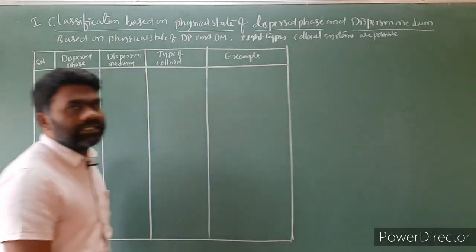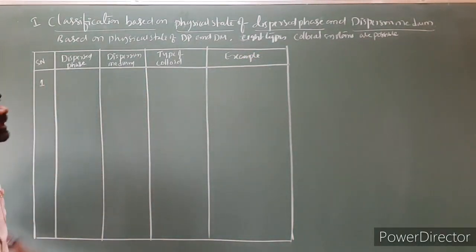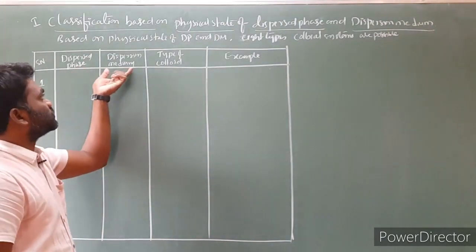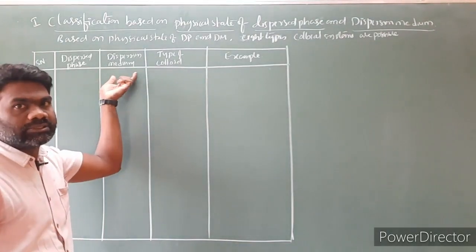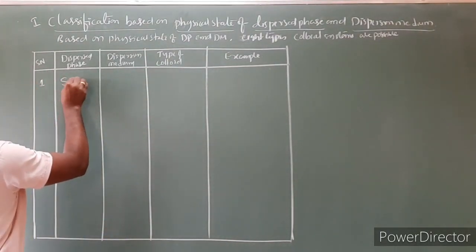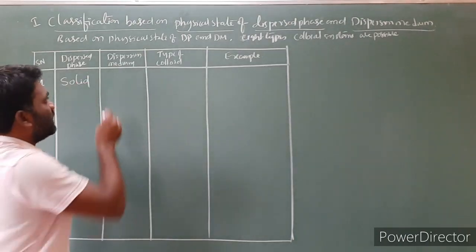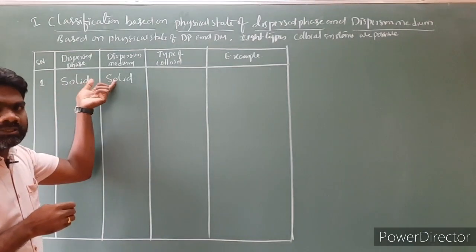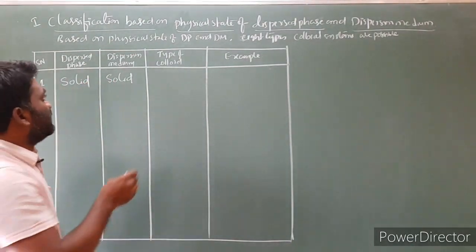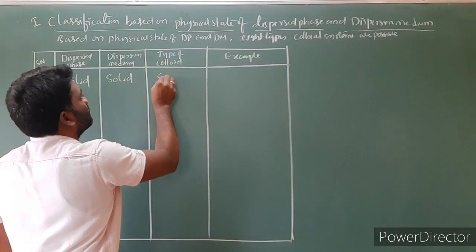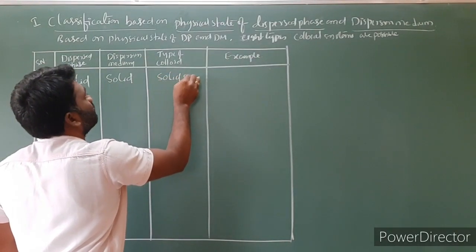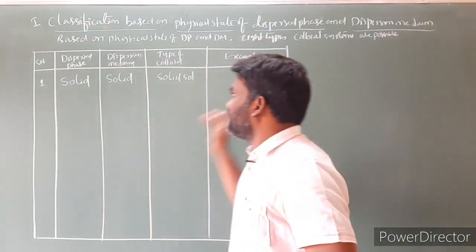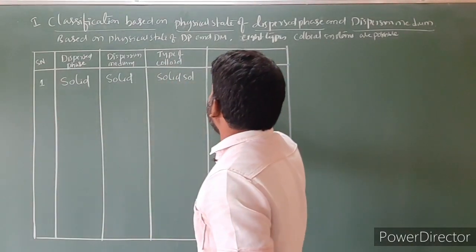The next one is an example. In the first one, I am taking a dispersed phase that is a solid, in a solid dispersion medium. Solid in solid. So the type of colloid name is a solid sol. Example for this case, we can take colored glass.